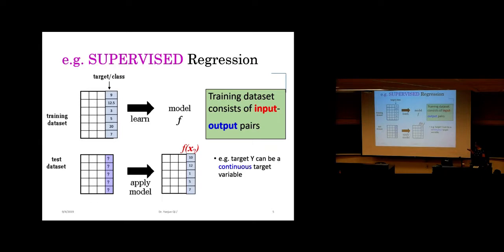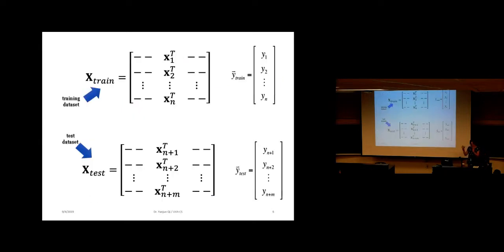Now, more concretely, what you truly use in your programs is the training data and test data. Each row is represented as a row vector.